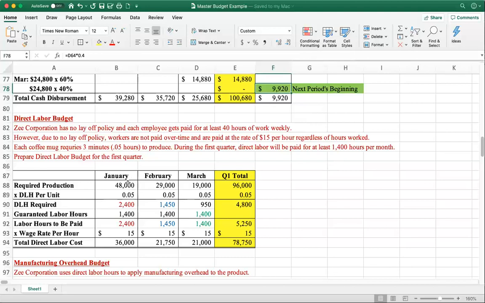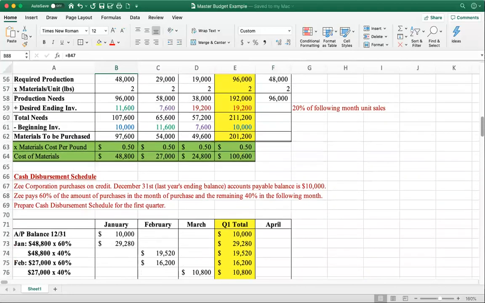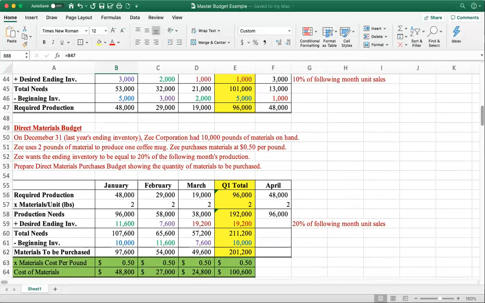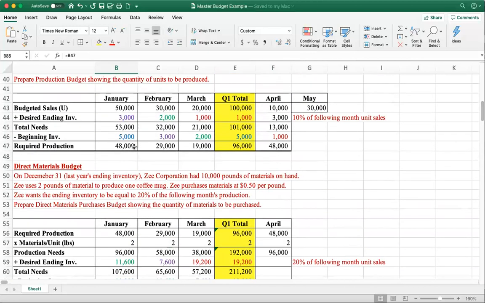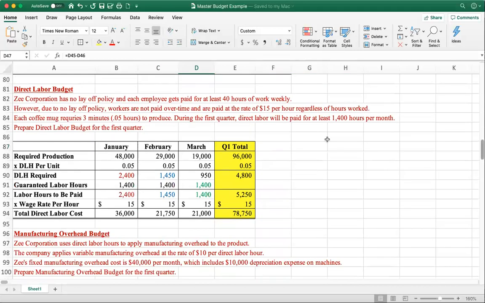Again, it's coming from your production budget. If you go back to the production budget, you will see that the required production for January is 48,000, February is 29,000, and 19,000 is for March. So that's coming from there in your labor budget.